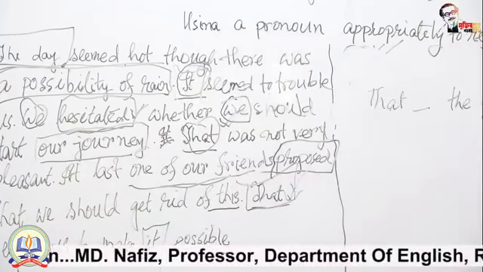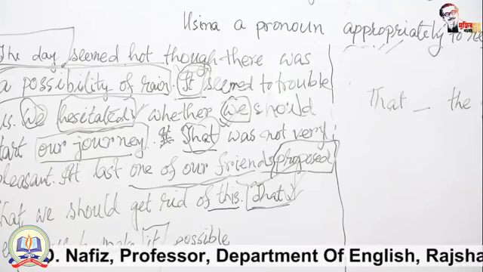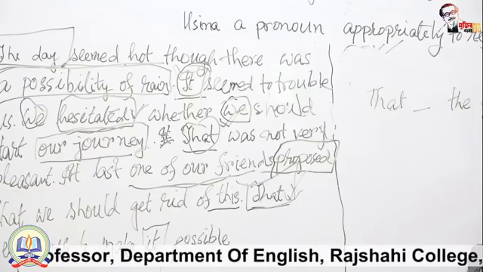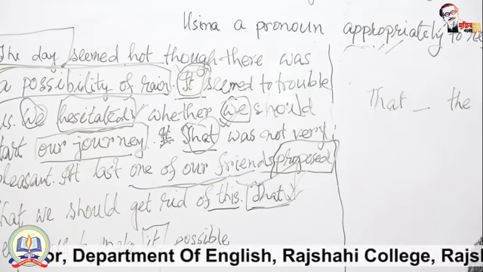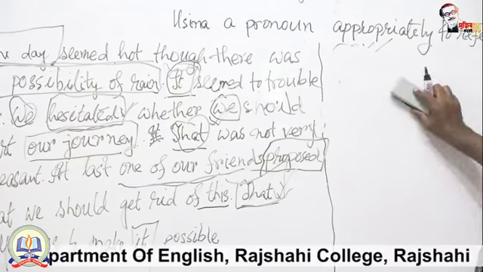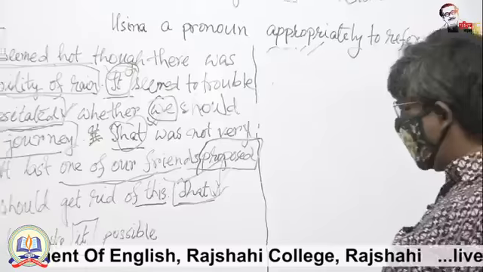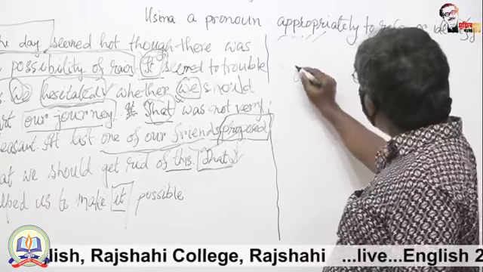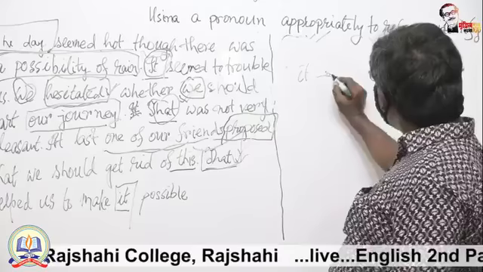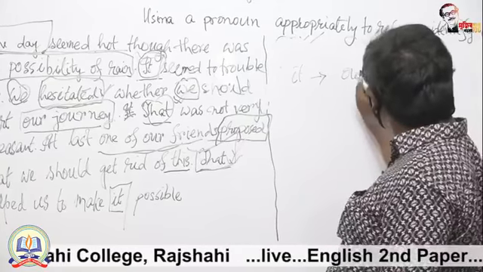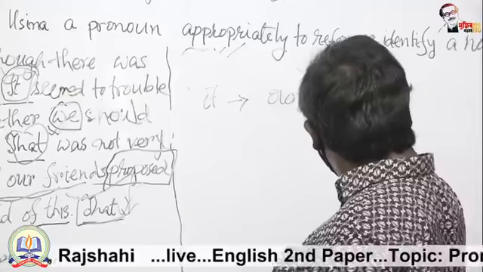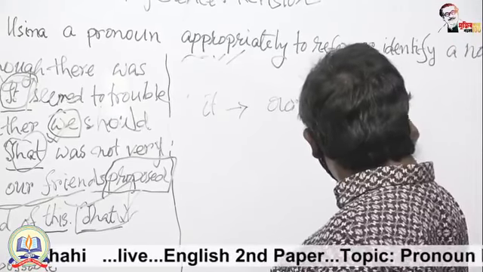If we use this phrase in lieu of it, we will have the clear pronoun reference of the noun, our journey, and in lieu of it, we can use our journey.